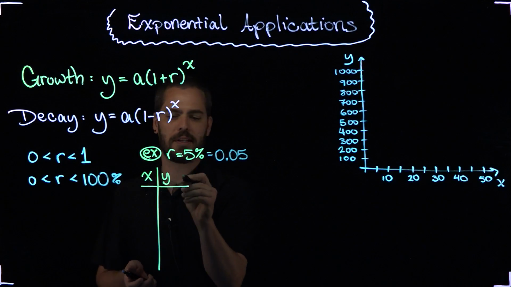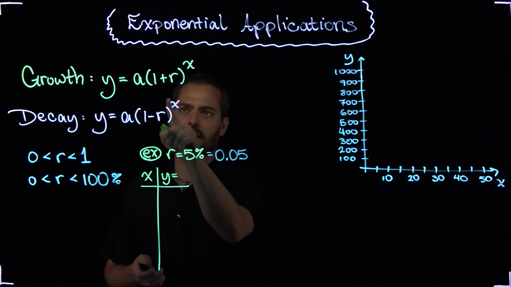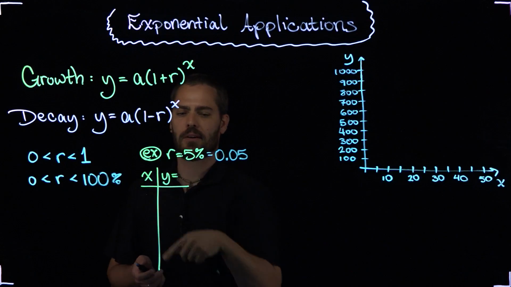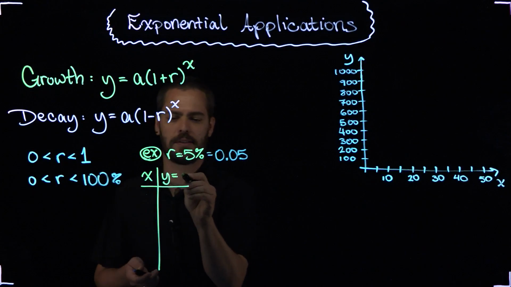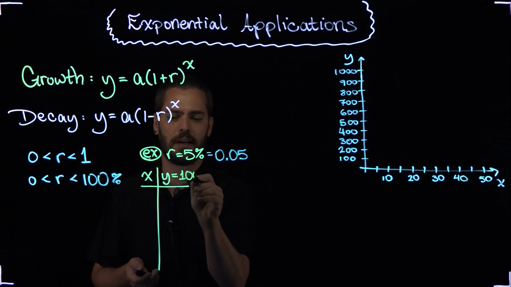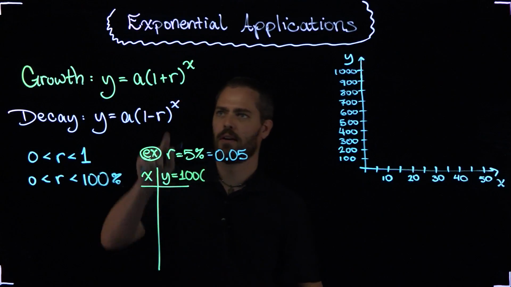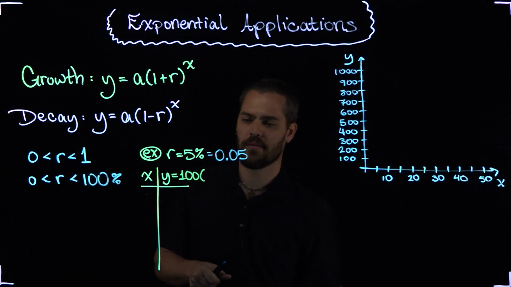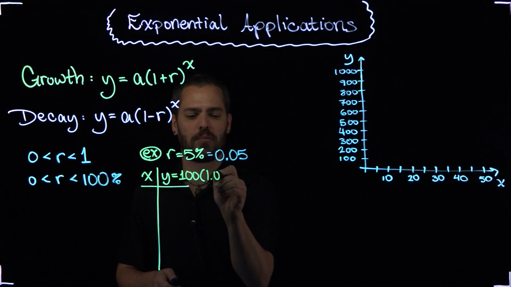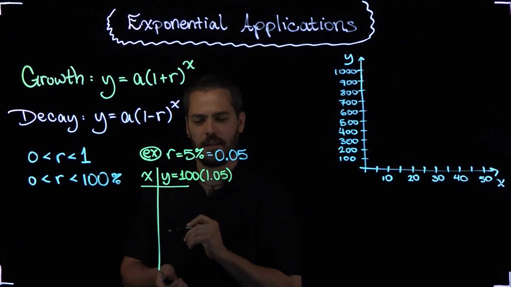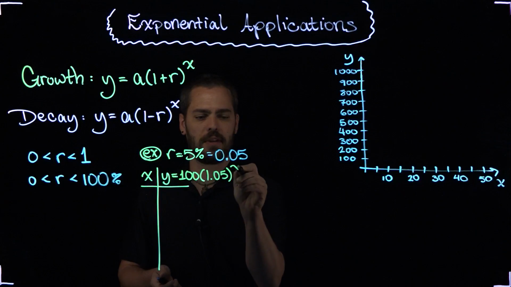And my equation then is going to look like y equals a, whatever amount I start with. Let's make up an amount that we start with. Let's say $100. There's my a, times 1 plus my constant rate of growth. If we're calling it 5%, then I can add those two together and put 1.05 in here to the x.